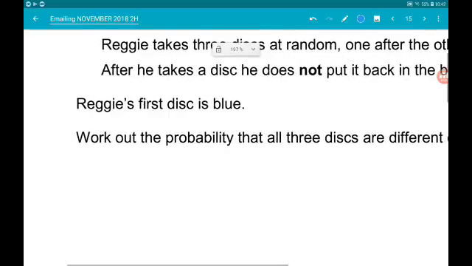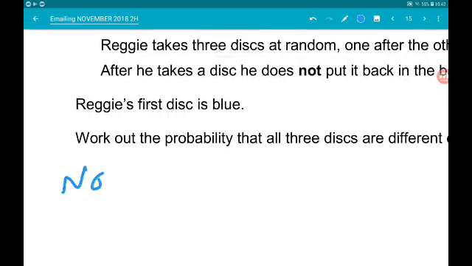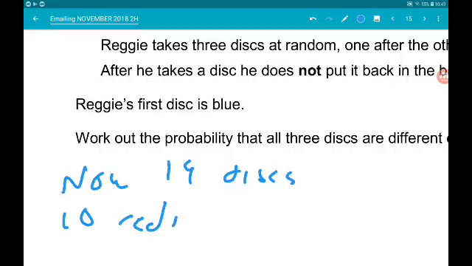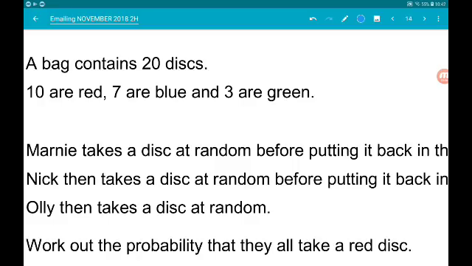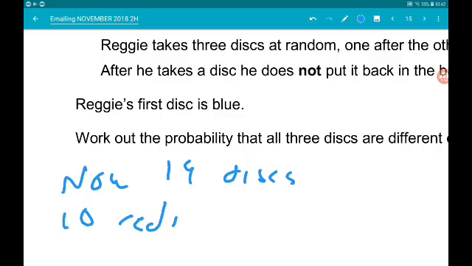So there are now 19 discs. 10 are red. There were 7 blue, so there's now 6 blue and 3 green.